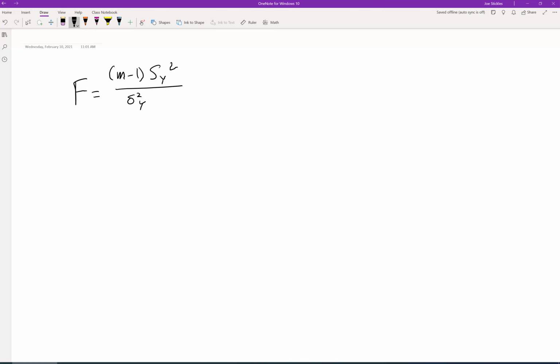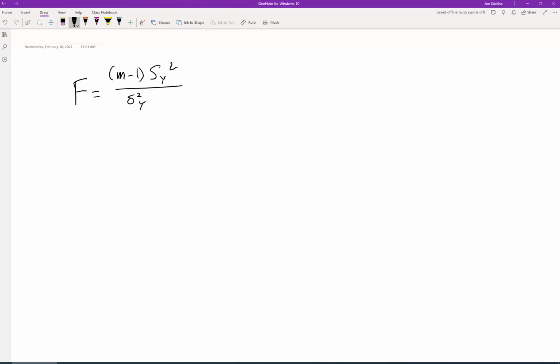So we're going to do our typical chi-squared random variable that we talked about. So this is taking the sample variance for y, dividing out the population variance for y, and multiplying it by m minus 1. That gives us chi-squared on that many degrees of freedom, right? That's a chi-squared random variable with m minus 1 degrees of freedom.